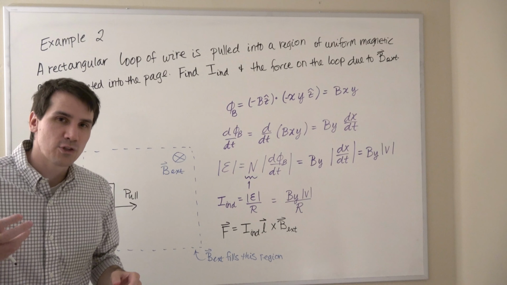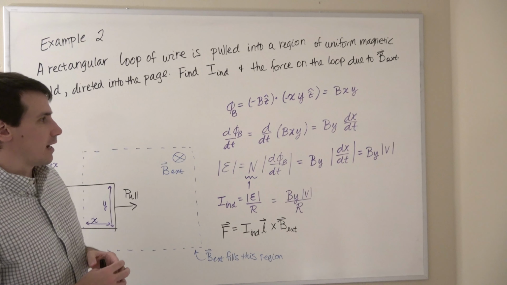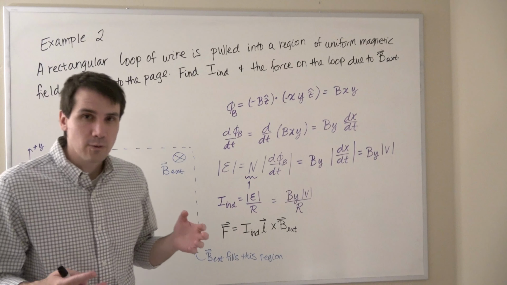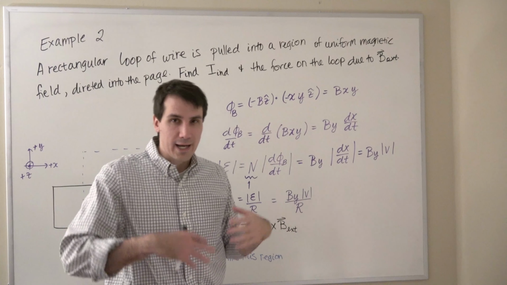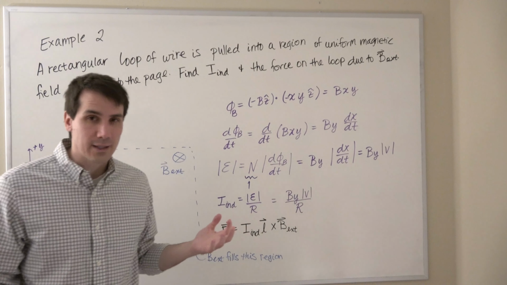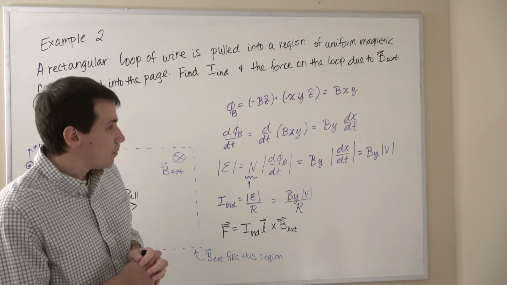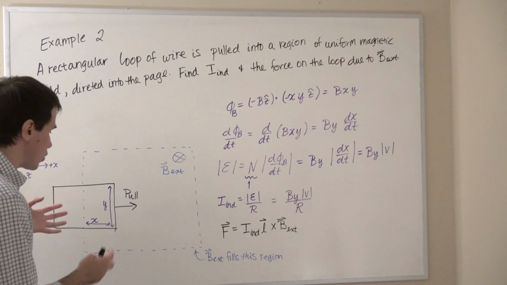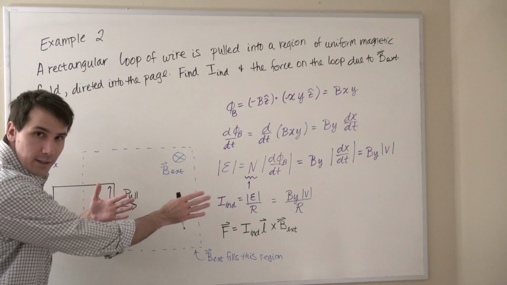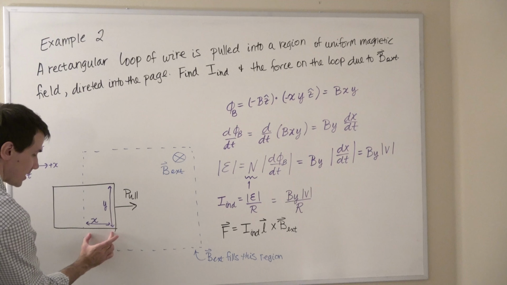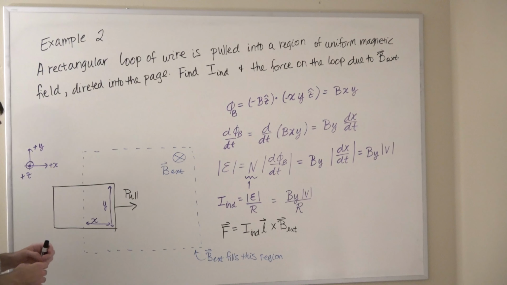Next, we need to take the derivative of our flux with respect to time. Now, naively, we might think, well, B and X and Y, I don't see any T in there. I don't see any explicit time dependence in there. But X is changing. Our loop is moving to the right, and therefore this distance X is changing.